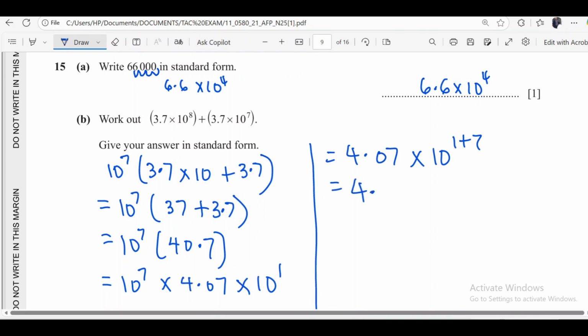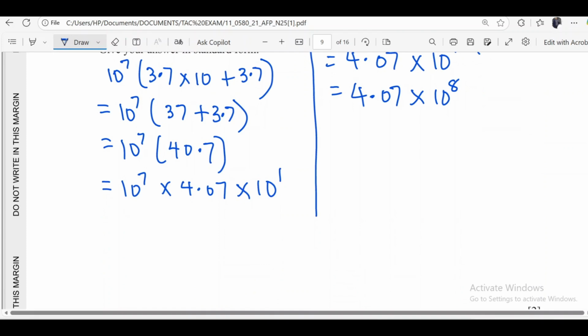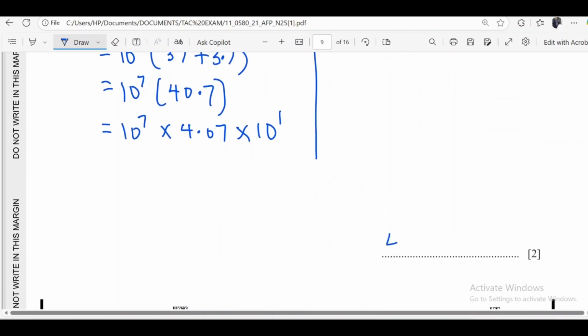That gives us 4.07 times 10 raised to power 8. So that will be the final answer, and that's what we are going to enter here: 4.07 times 10 raised to power 8.